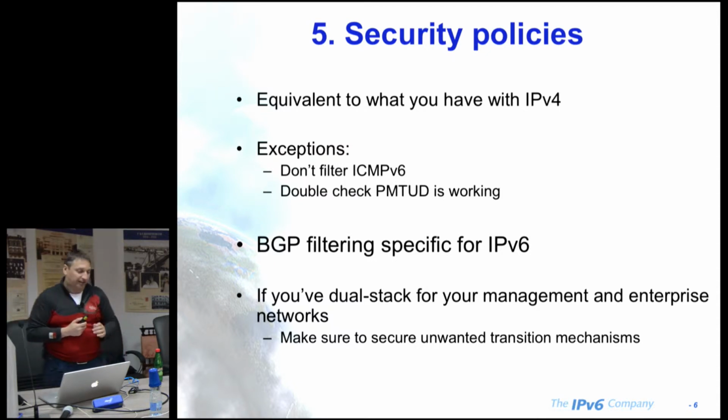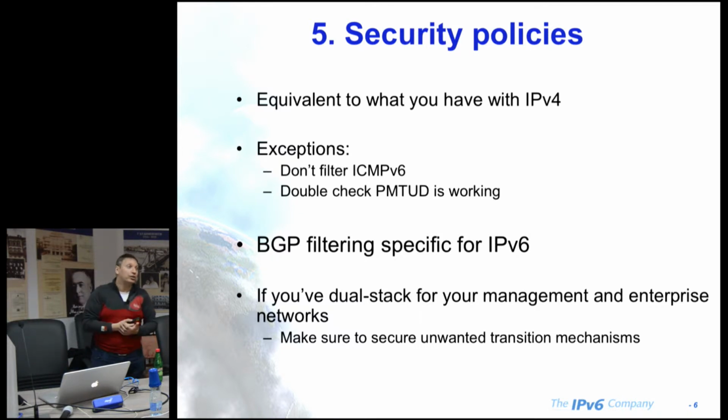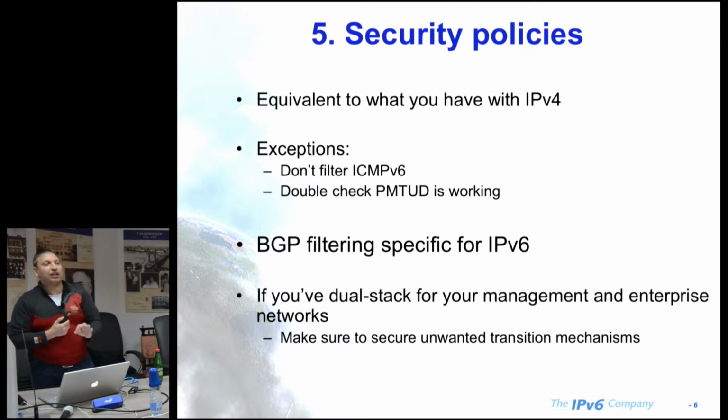Okay, that's a big mistake. And the other thing is you really need to check that path MTU discovery is working in your network. Okay, because most of the troubleshooting will come from these two aspects. So that's key, and many people are not paying attention to this for the same reason I explained 2 slides ago, which is thinking of IPv6 as the same as IPv4. It's not.